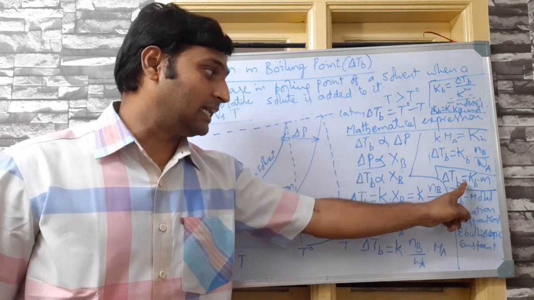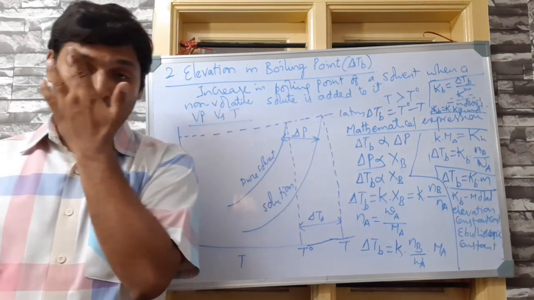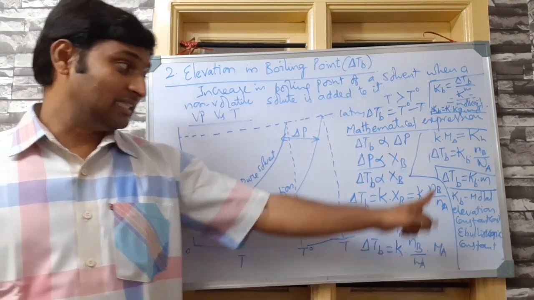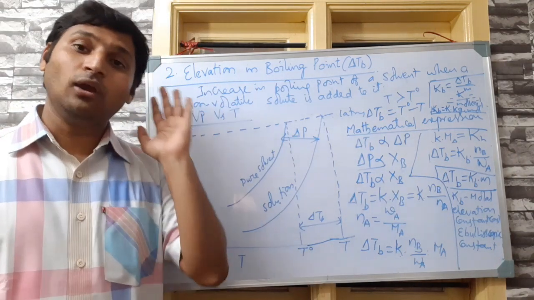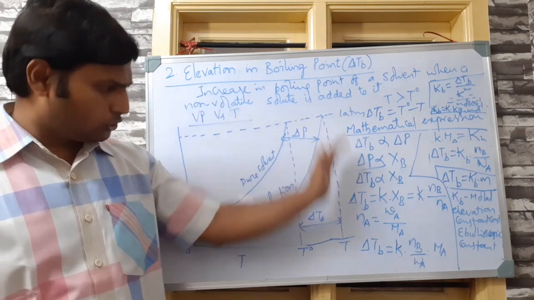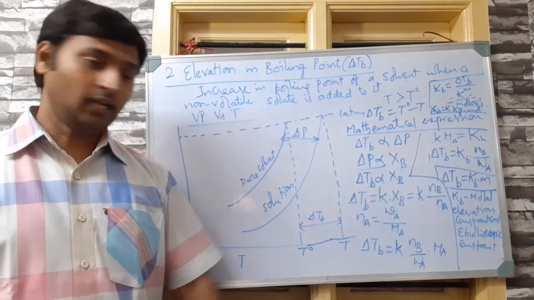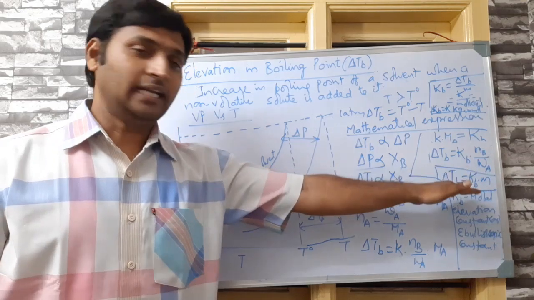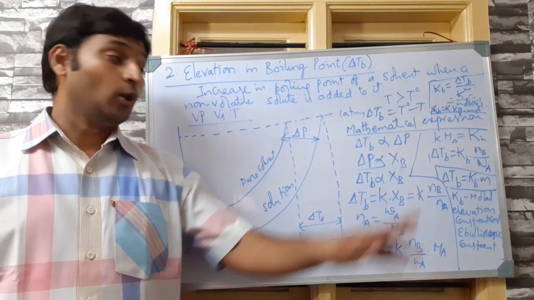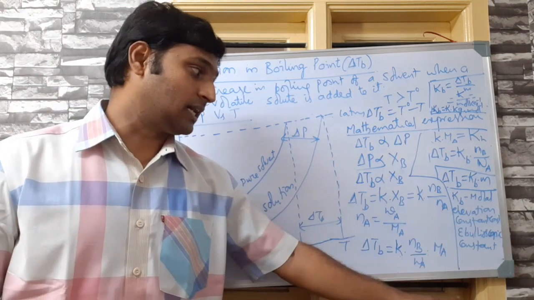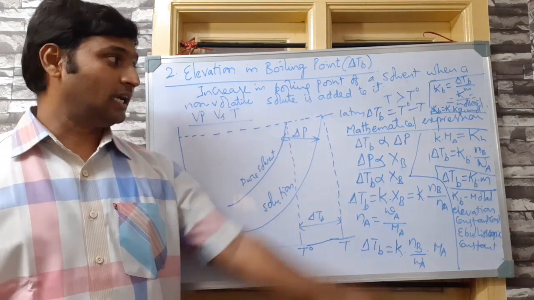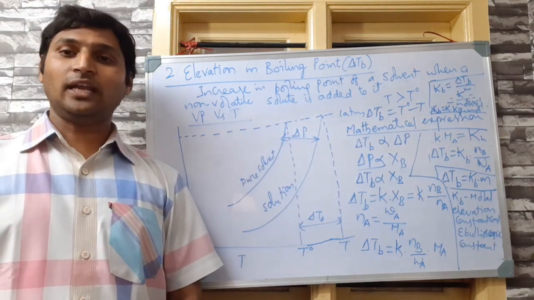So you got delta Tb is equal to Kb into m. This is the ultimate formula you need to understand. Though I have derived it for your understanding, ultimately what you need to remember is delta Tb is equal to Kb into m, where Kb is called molar elevation constant or ebullioscopic constant, whose units will be Kelvin kilogram per mole.